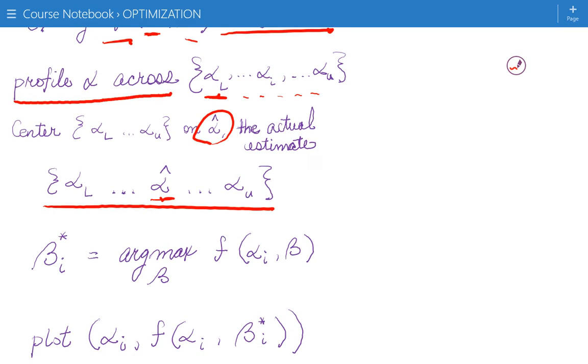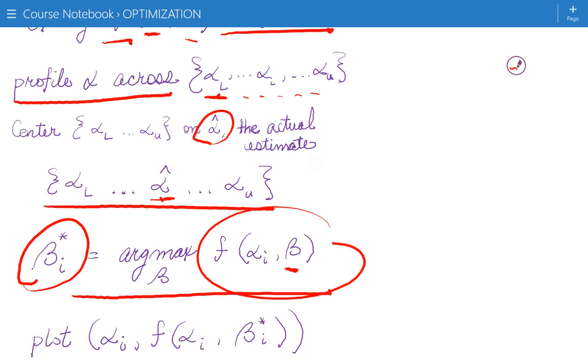And then we will look at our betas as estimates of this profiled equation. If it's a likelihood function, it could be called a profiled likelihood. We are looking at getting the beta values that maximize our function for each of the given values in this range up here.